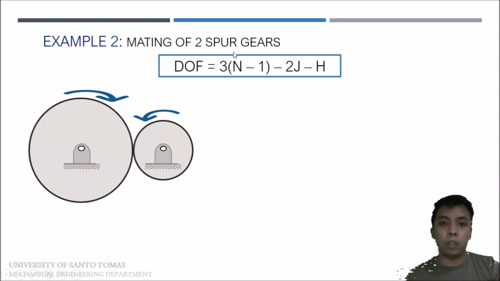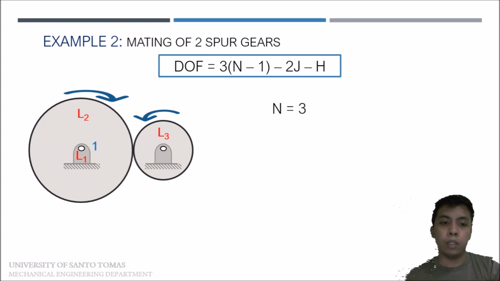So, let's count the number of links in this mechanism. First, we have the frame, L1. We have L2, the driven gear, and L3, the driving gear. So our number of links in this mechanism is 3.